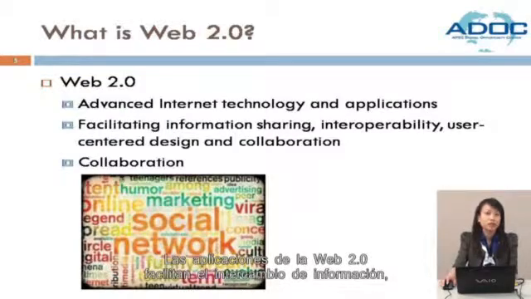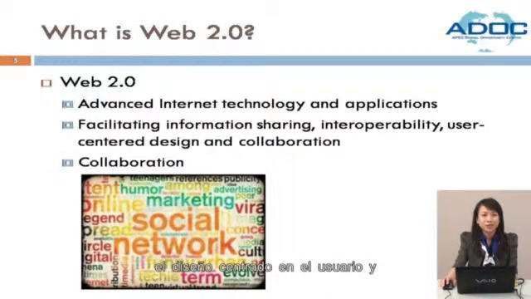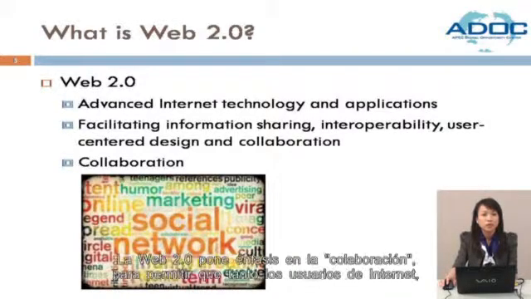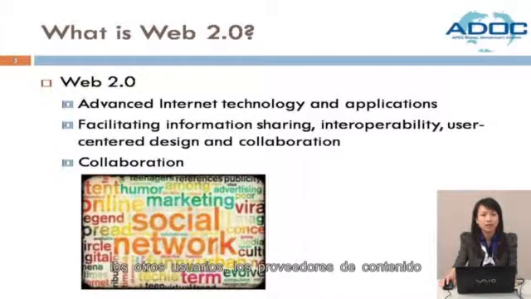The applications of Web 2.0 facilitate information sharing, interoperability, user-centered design, and collaboration on the World Wide Web. Web 2.0 emphasizes collaboration, allowing internet users, other users, content providers, and enterprises to work together.